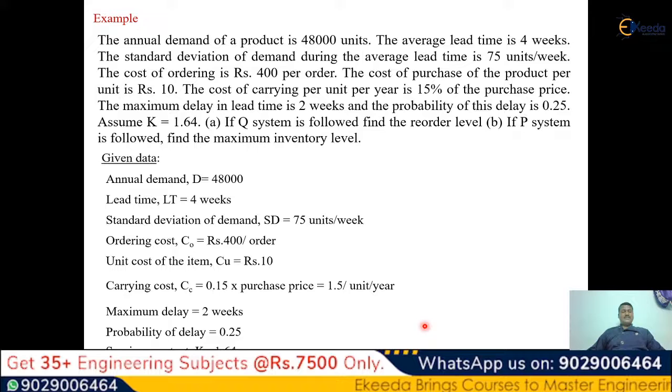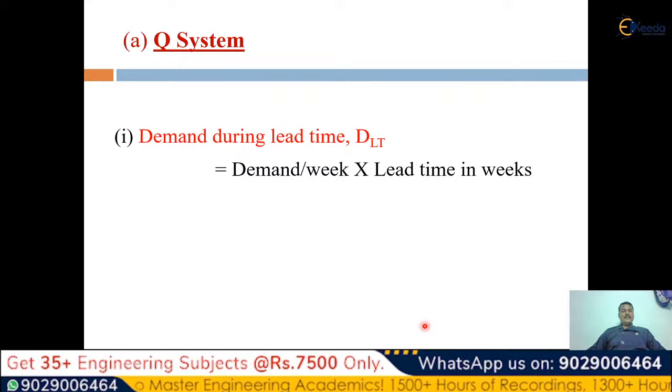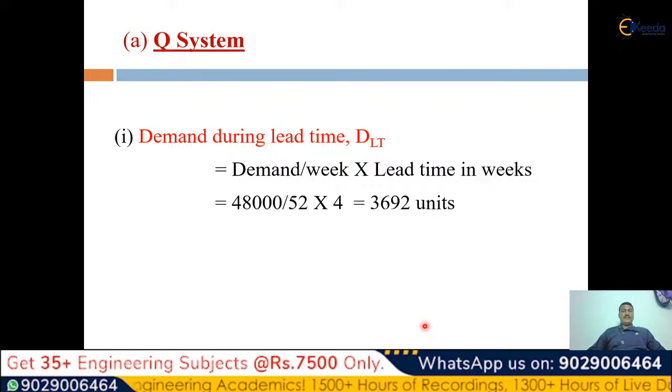The maximum delay is 2 weeks and the probability of delay is 0.25 as given in the question, and K is 1.64. Next, directly by utilizing the formulas, we will find out the demand during this lead time, which is demand per week into lead time in weeks, which is 48,000 by 52 into 4, which will give us 3692 units.